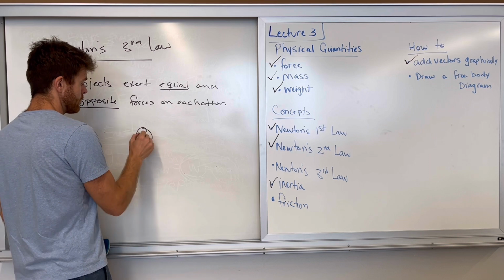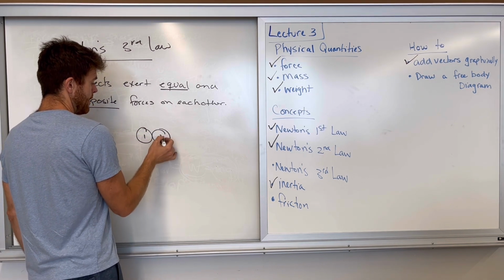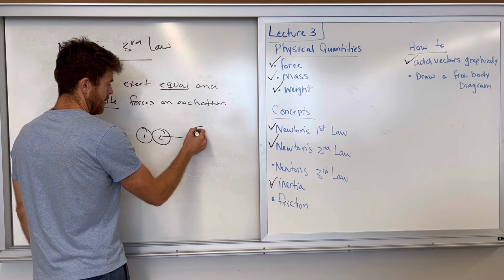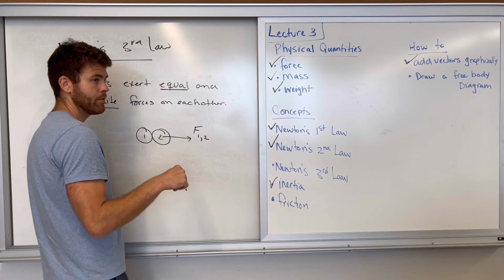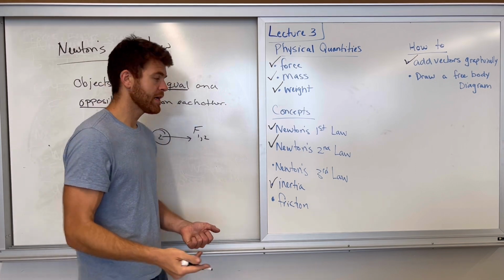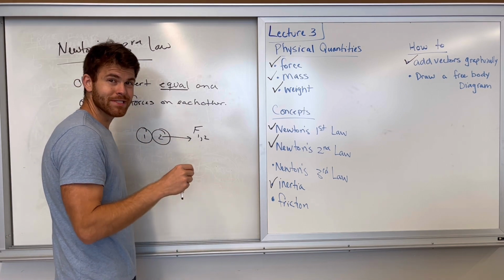So if this is object 1, this is object 2, this is the force that object 1 exerts on object 2. Whenever we're drawing forces acting on an object, we draw the force starting from the object that the force is acting on.